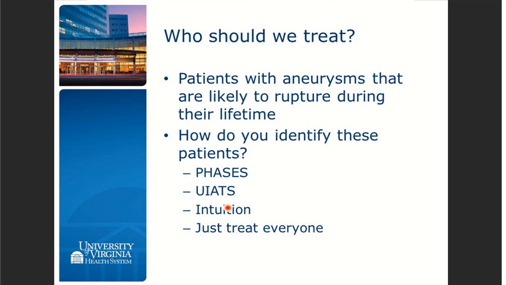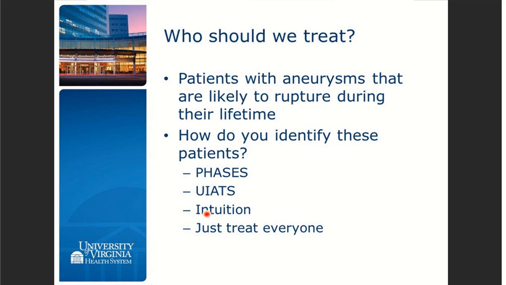Yeah. So this is exactly where we are in terms of looking at this. There's multiple scales that have been proposed. PHASES and UIATS are some of the more common ones.